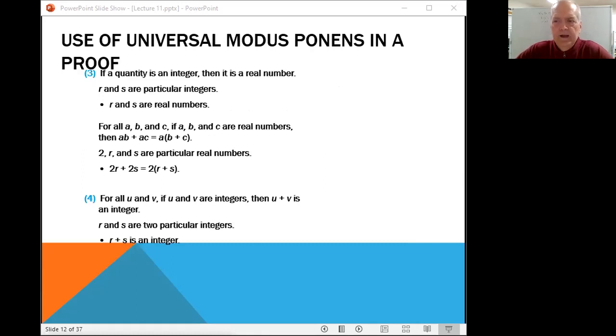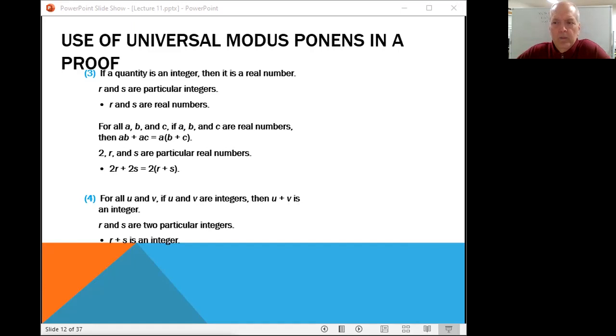Then we say if a quantity is an integer, then it is a real number, because integers are part of the real number system. And so r and s are particular integers, and therefore r and s, through universal instantiation, are real numbers.